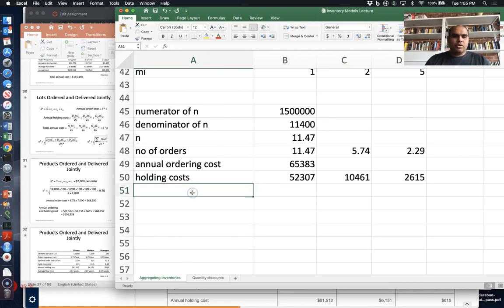The total cost will be the sum of all of this.